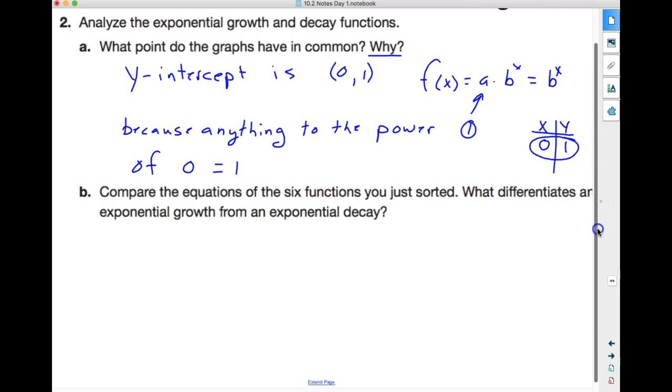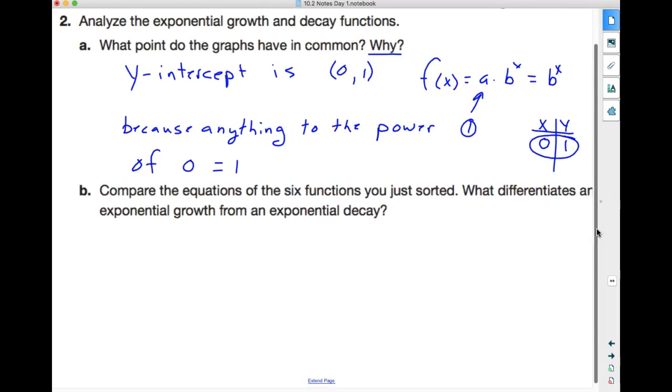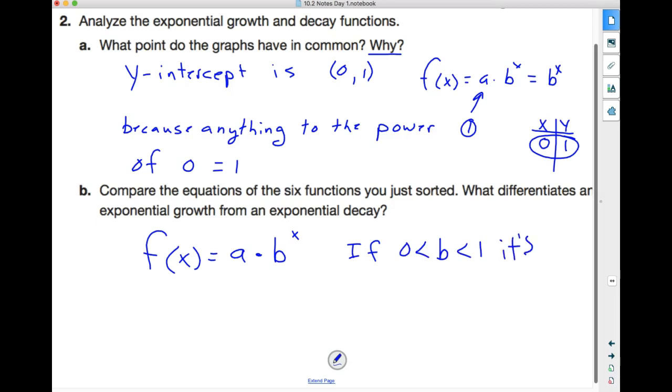Okay? Compare the equations of the 6 functions you just sorted. What differentiates exponential growth from decay? We already talked about that, right? So when we are looking at an exponential function, f of x equals a times some b value to the power of x, if b is greater than 0 but less than 1, it's decay.